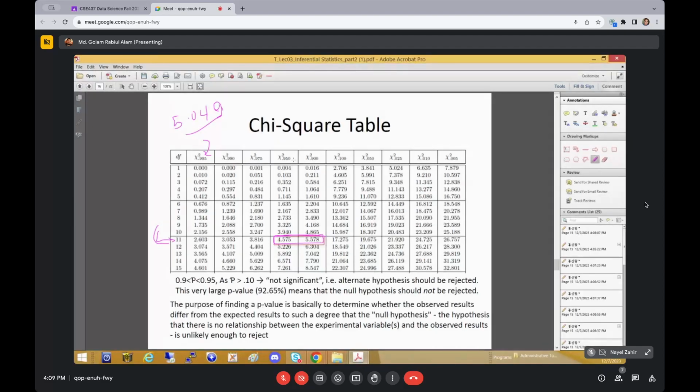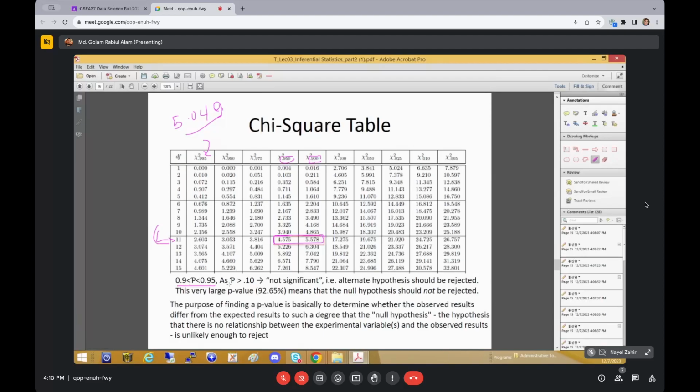The corresponding p-values are 0.95 and 0.90. That means the p-value will be within the range 0.9 to 0.95. What the p-value is exactly, we will discuss a few slides later. At this stage we have determined that the p-value is within 0.9 to 0.95.